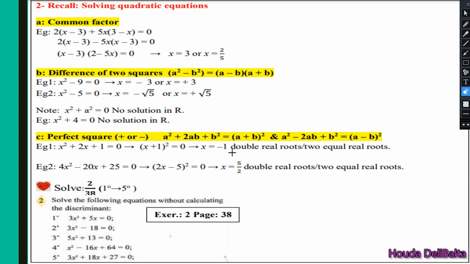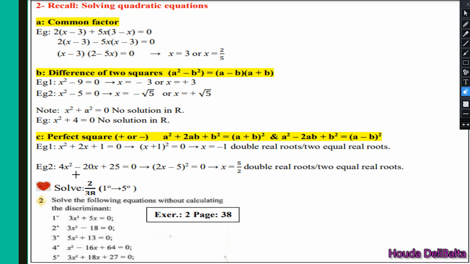So minus 1 is called a double real root, or they are said to be two equal real roots, because if I factorize this and write it as a product of factors, I'm going to write x plus 1 into x plus 1, then I'm going to get minus 1 as a root twice. So that's why we call it a double root or two equal roots. Similarly, for this example, if I have 4x squared minus 20x plus 25, I keep looking at the extremities. 4x squared is coming from 2x, 25 is coming from 5, and I make sure by multiplying 2x by 5, which is 10x, and then multiplying by 2 in my mind to get minus 20x.